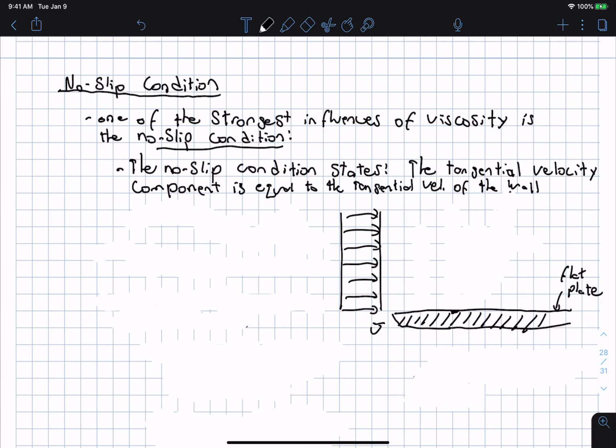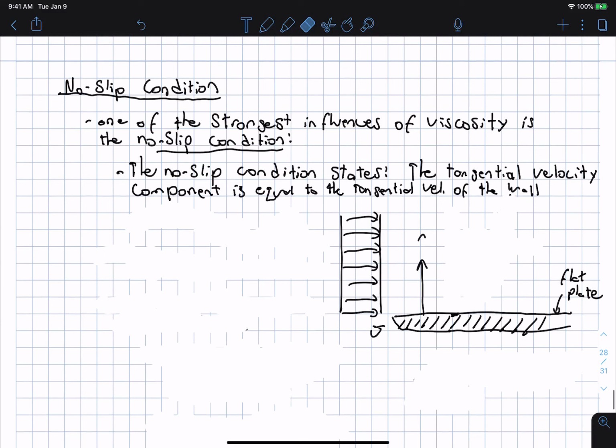Okay, so now as the fluid starts to go over the plate, the no-slip condition starts to take hold. So we have the n hat direction pointing up. And what the no-slip condition states is that at the wall, right there, the tangential component of the velocity vector is equal to the velocity of the wall.